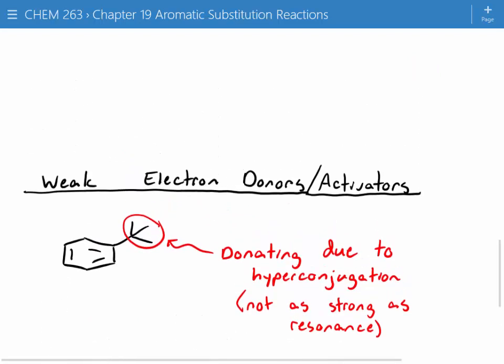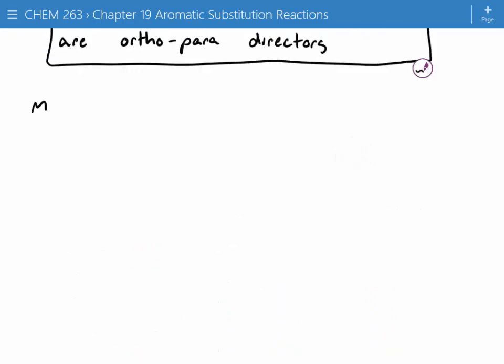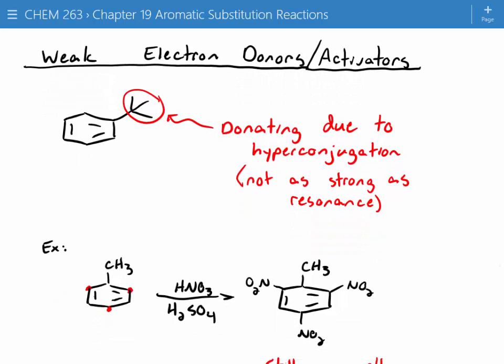And these are obviously called moderate activators. So I'm going to slide these in here. Well, which one's moderate? So the weak one was the alkyl group, so I just crossed out weak or moderate and changed that to weak because alkyl groups are weakly electron donating due to hyperconjugation.